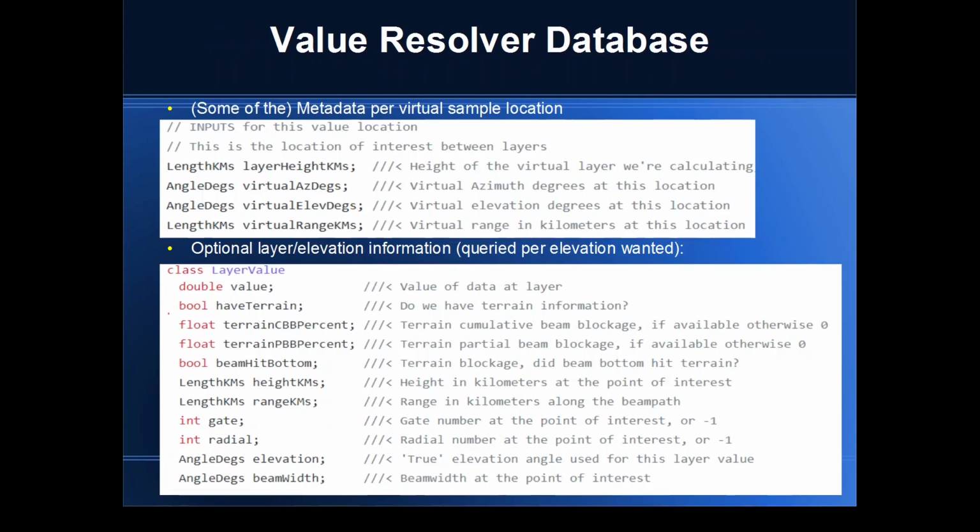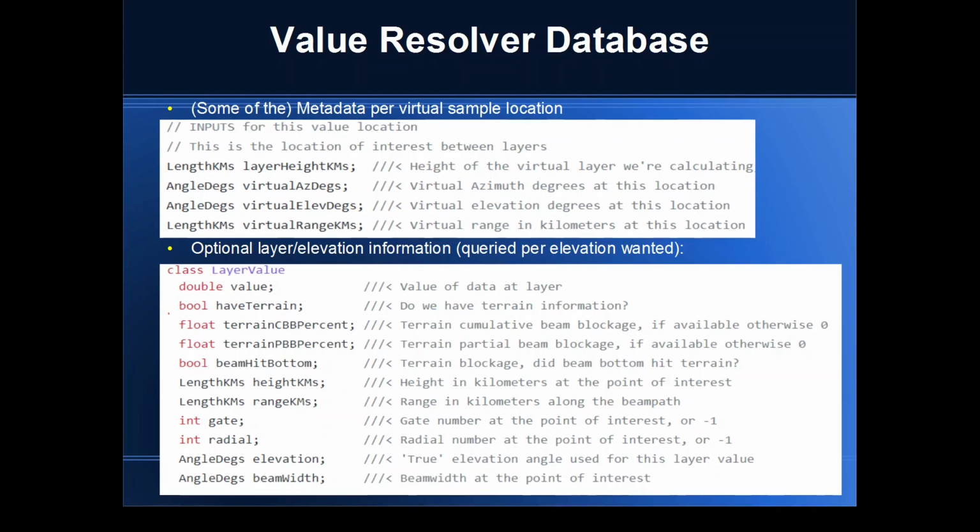So here is a subset of the code example of the value resolver database. The first section here is meta information about the sample location. So we have things like the virtual azimuth, virtual elevation, and range, among other values for that location. The second part of the database is a per layer or elevation option. So at the bottom, we have information, say, for an elevation above us.